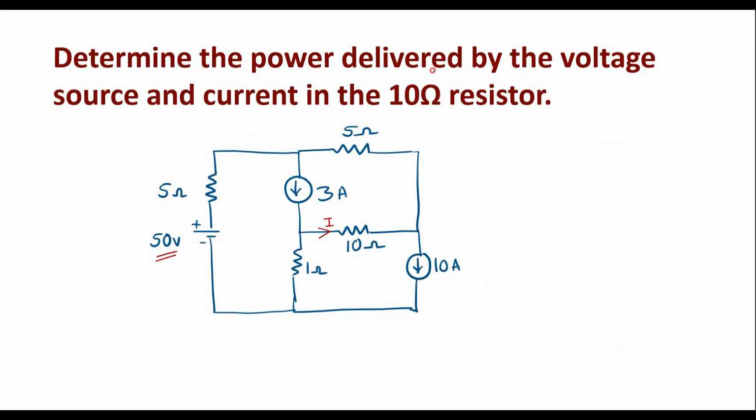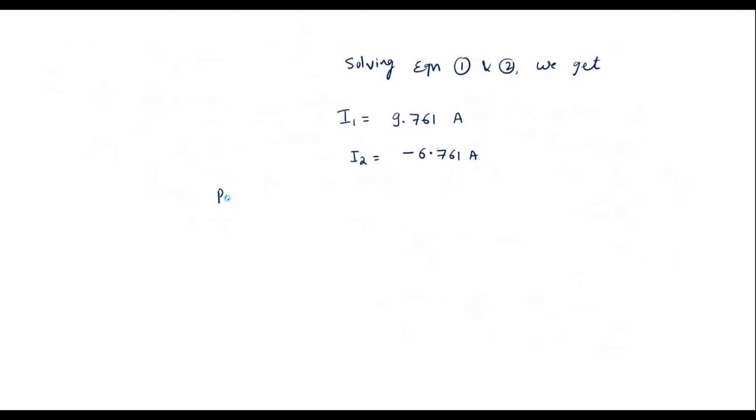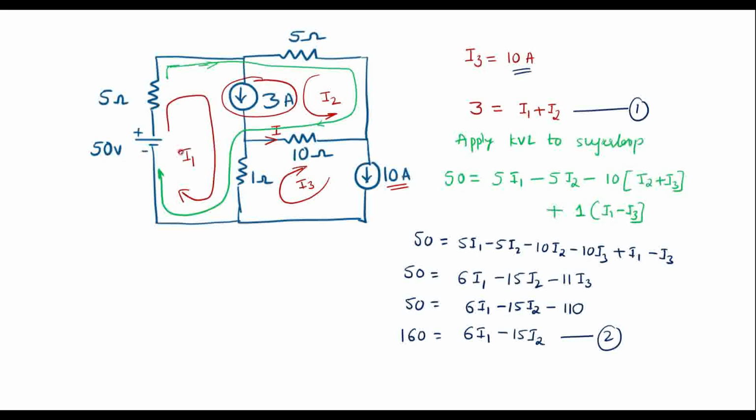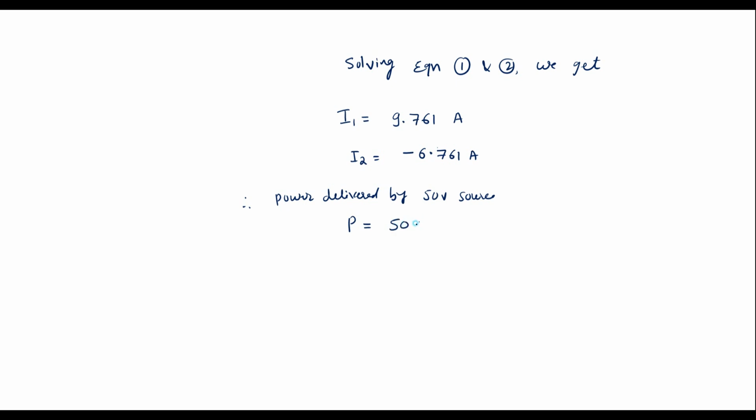Now let's see what is to be calculated. Here it is asked, power delivered by the 50 volt source. So power delivered by the 50 volt source, I can write P is equal to 50 into I1, which is 50 into 9.761.